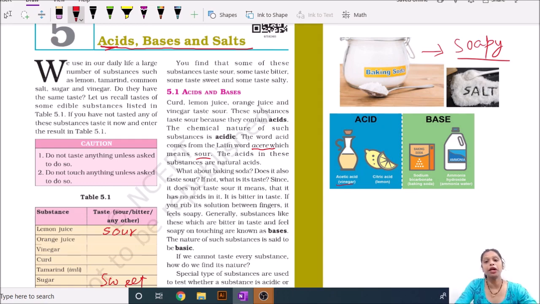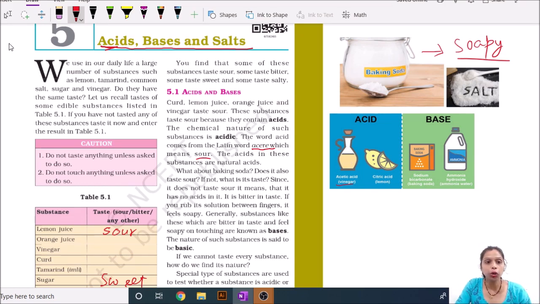In this chapter we will discuss how we identify the character of substances by the indicator, and which substances have which type of character.